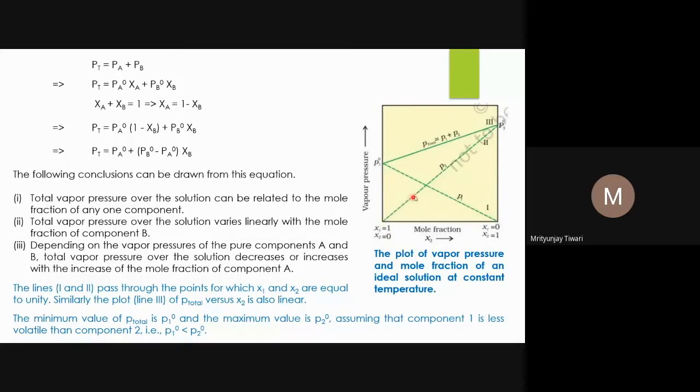And as the mole fraction of 2 increases, the partial pressure of 2 in the vapor phase will increase linearly. This is what we have seen already.